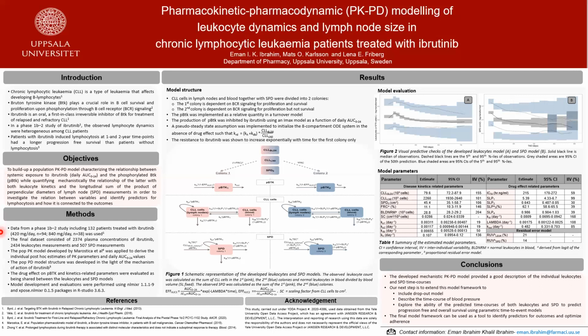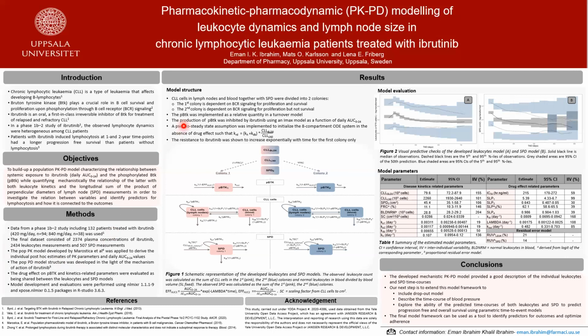The model was built based on data that we got from a phase 1b/2 study of ibrutinib, including plasma concentrations, leukocyte, and SPD measurements. The daily AUCs were derived using a previously developed population PK model.